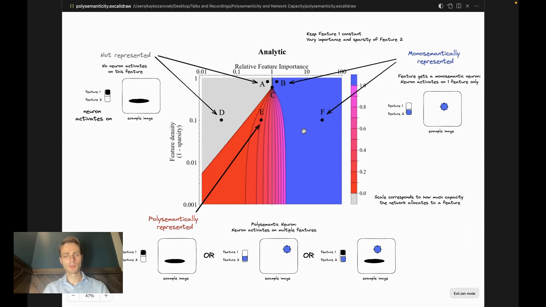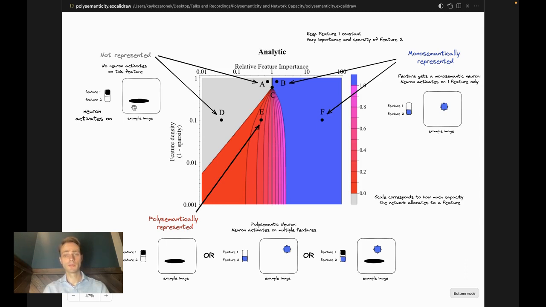And the way you would interpret this is, in this blue regime, the second feature gets allocated a lot of capacity, basically 1. In this gray regime here, it doesn't get allocated any capacity, so basically 0. And then in this red, pinkish regime, it gets allocated some feature capacity.